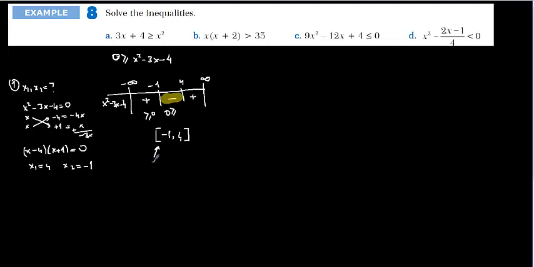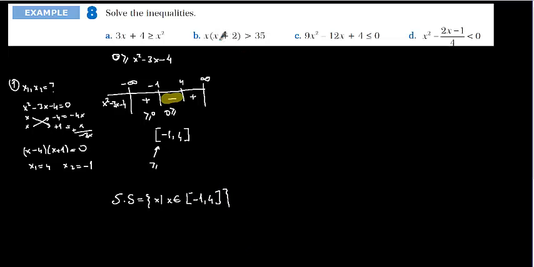Why closed interval? Again I'm repeating, because the inequality includes equal to, we are going to use closed brackets. And the last part, the solution set: x such that x is an element of the solution interval. Only one interval, so I'm writing it and finishing my solution.